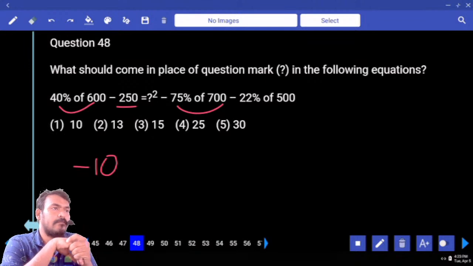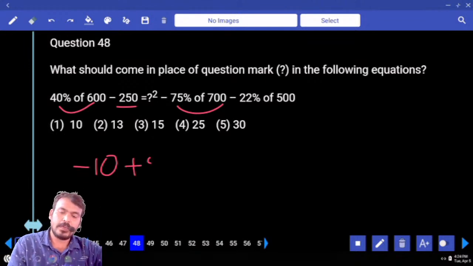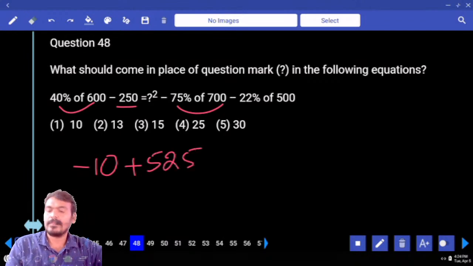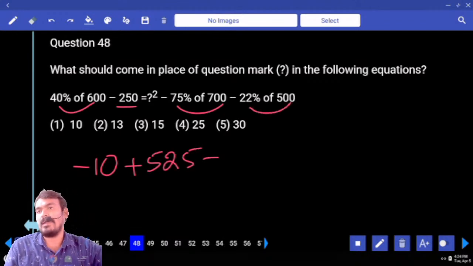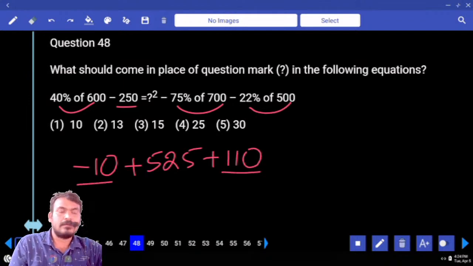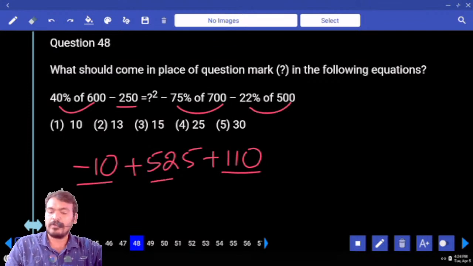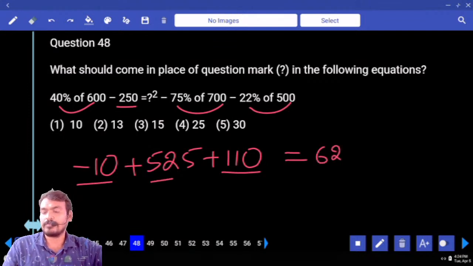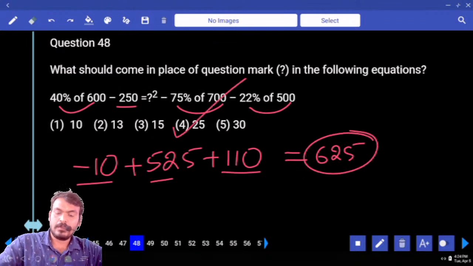Total it is 525. Negative becomes positive, or not? Plus 525. Next minus 22% of 500, plus 110 or minus 110? Plus 110, or not? 110 minus 10 is 100. 100 plus 525 is 625. It is the square of 25.